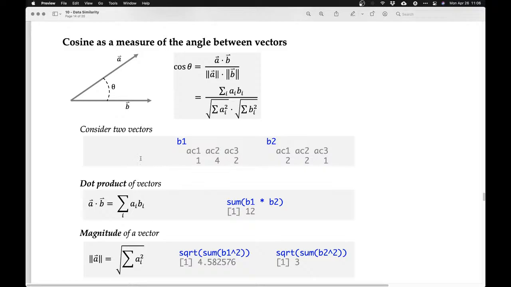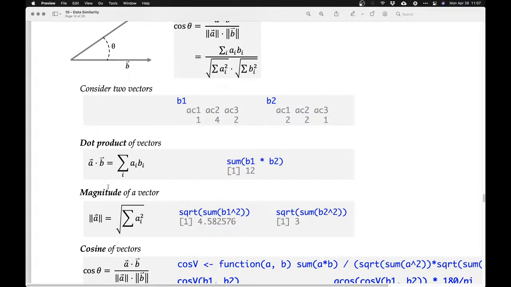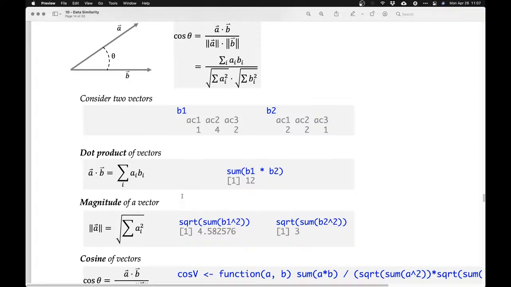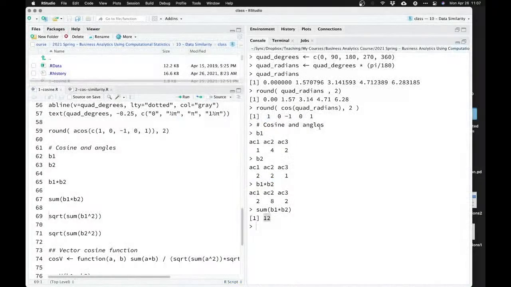So that's the numerator of cosine. What's the denominator of cosine? The denominator of cosine is the magnitude of the vectors multiplied by each other. Like how long is vector 1 times how long is vector 2? We multiply these two magnitudes by each other.